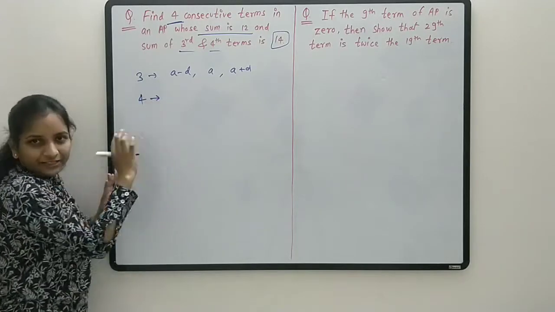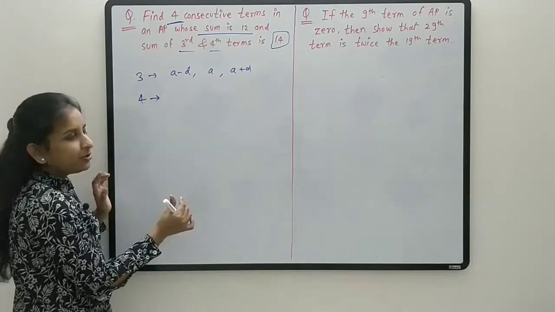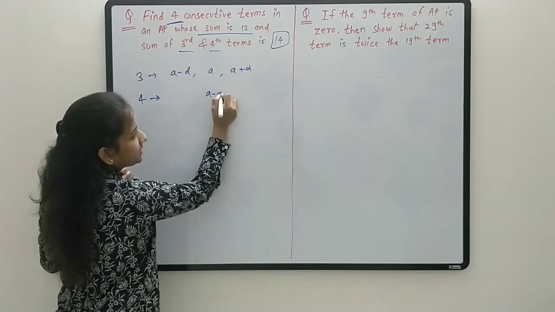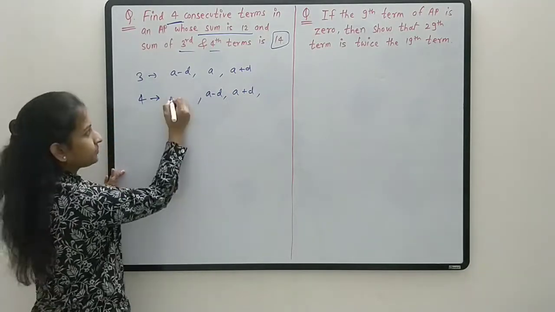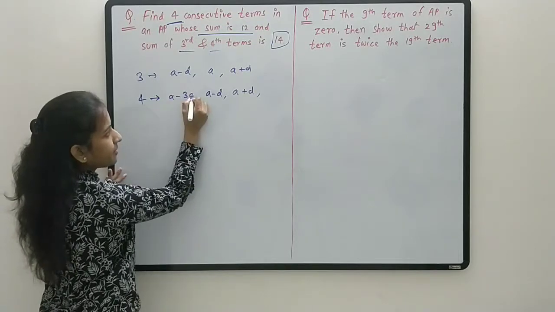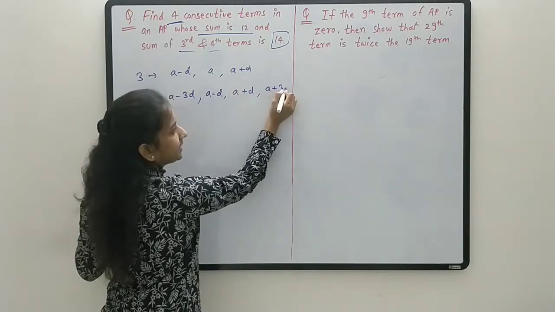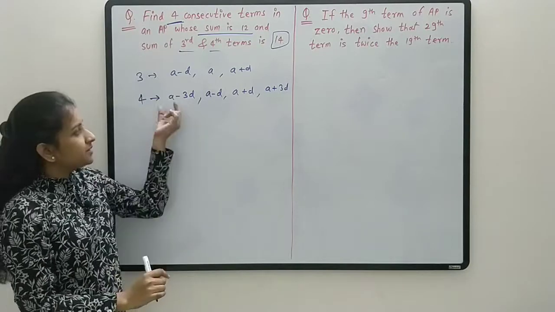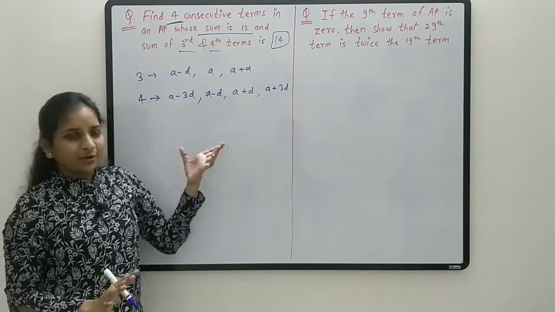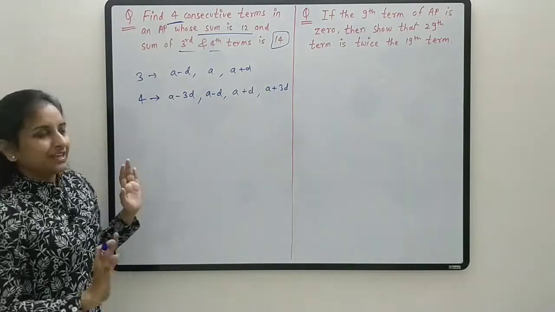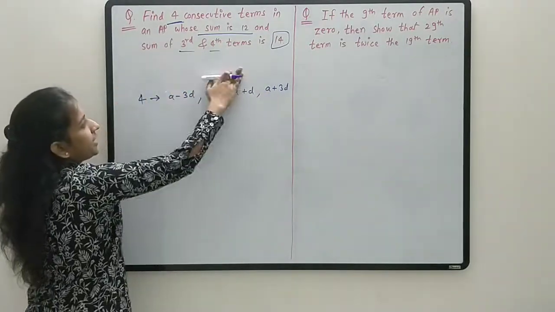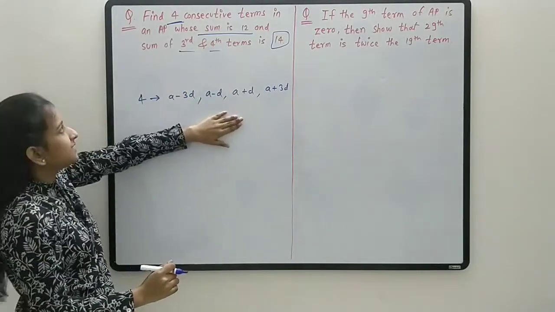When you want to take 4 terms, it is advisable to take terms like this: a minus d, a plus d. Here the common difference is 2d. So the first term will be a minus 3d and the last a plus 3d. Always choose 4 terms like this: a minus 3d, a minus d, a plus d, a plus 3d. It's easy.